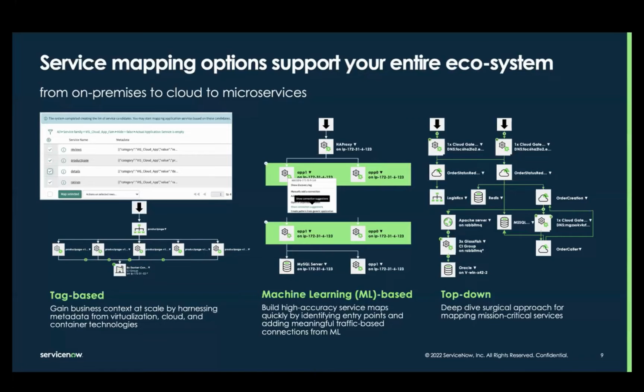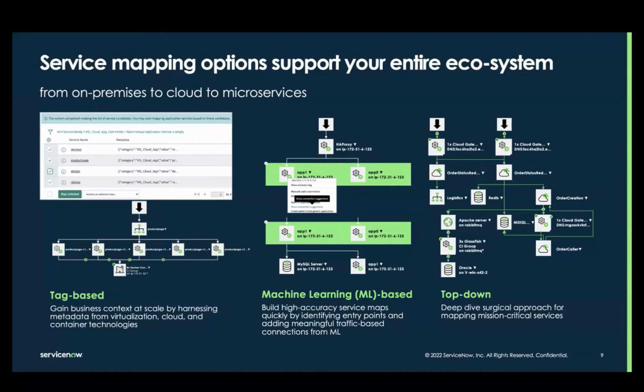In case you're starting from scratch and you are collecting the right amount of data, so you're collecting the TCP and basically traffic connections data in between the different elements of your infrastructure, you'll be able to perform the so-called ML-based service mapping.